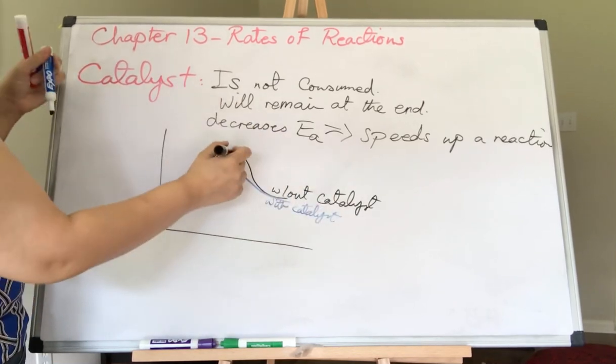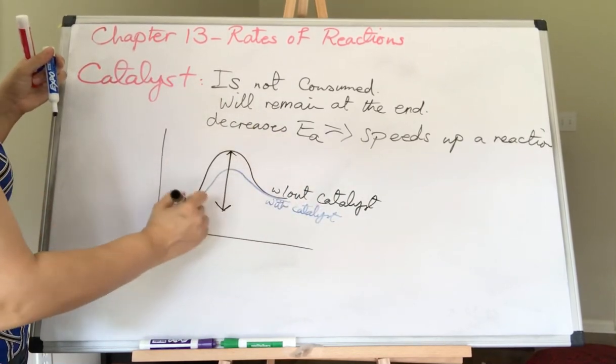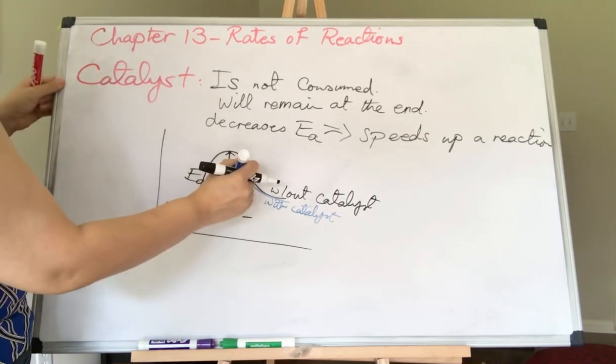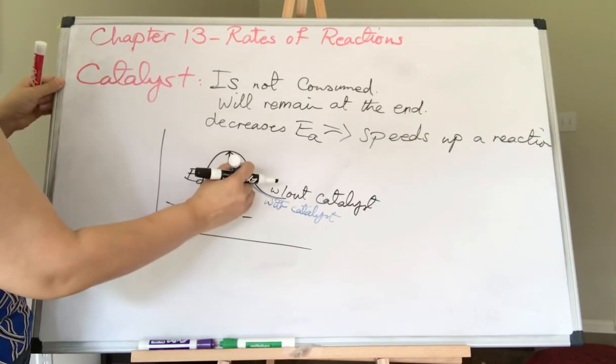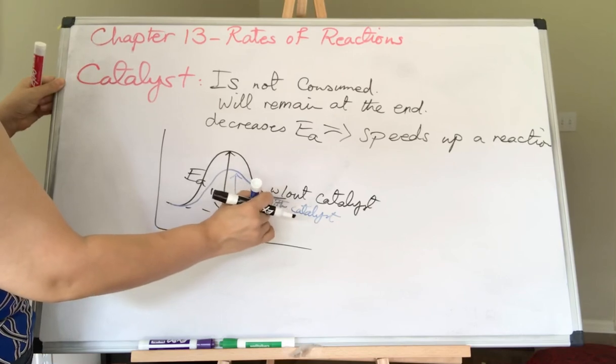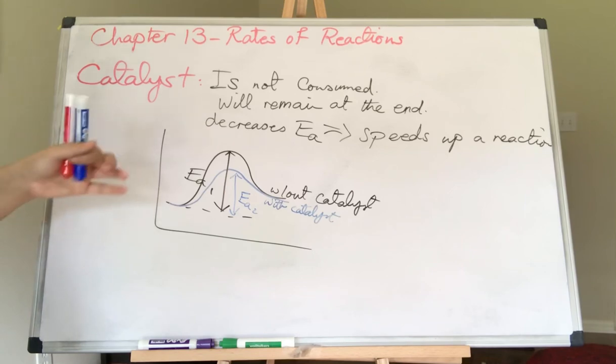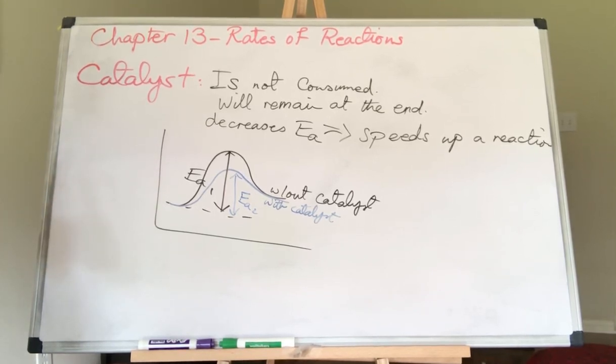You see that activation energy was this much, EA1, but EA2 is only this amount. So this barrier is going to be lowered down and the reaction will be faster. So like the enzymes in the body.